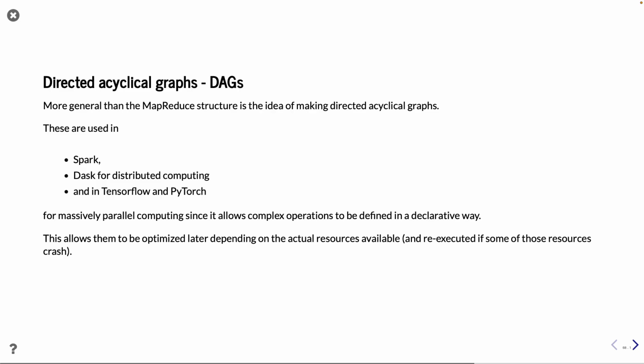Let's look at how to implement these codes, and that's usually done using directed acyclic graphs. So you saw in the first lecture, I had some node diagrams where the processing was going through step by step, and that is actually also implemented within Spark and Dask, but also in the machine learning libraries TensorFlow and PyTorch, and that's the efficient way for doing all these complex operations.